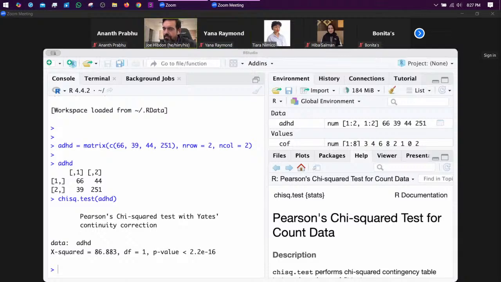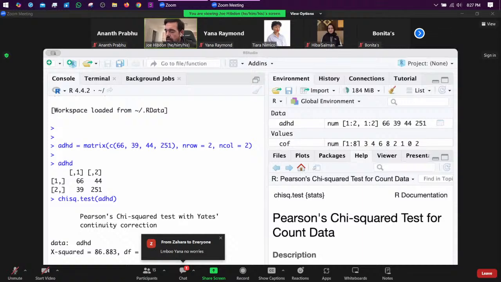that the father's diagnosis and the child's exposure to lead is not independent. And that's key, right? They're not independent of each other.